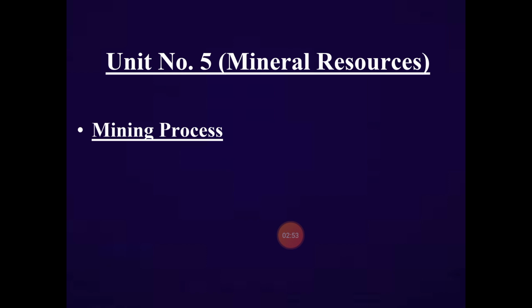Secondly, underground mining, which I have told you is further divided into two types, adit mining and shaft mining. Firstly, we'll discuss adit mining. What is adit mining? An adit is an opening or passage. Adit mining is done in hilly districts where a mineral seam is exposed on a hillside.